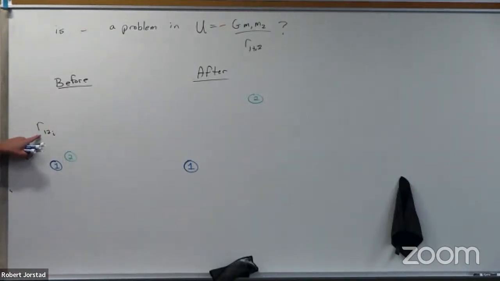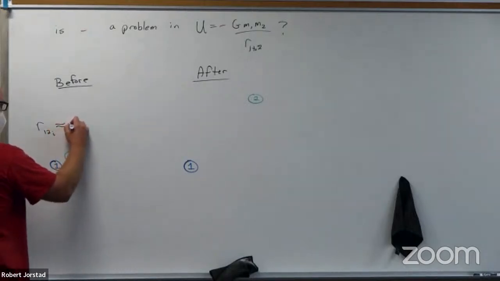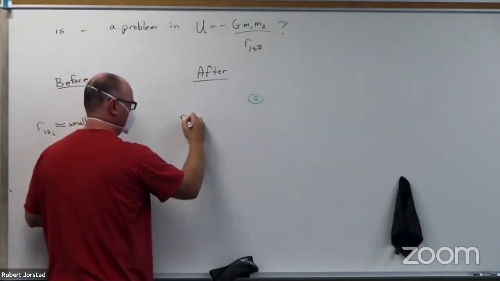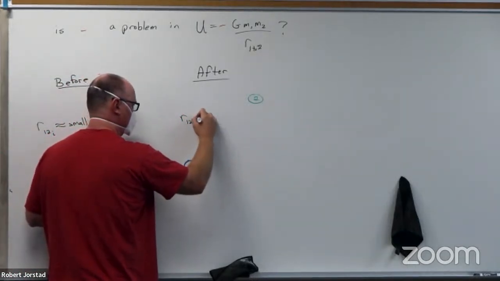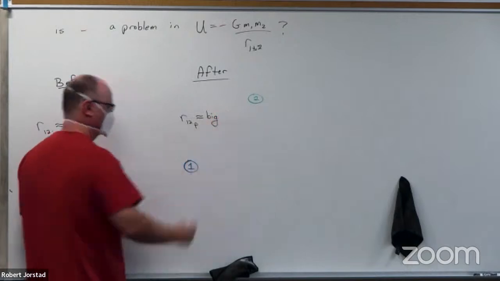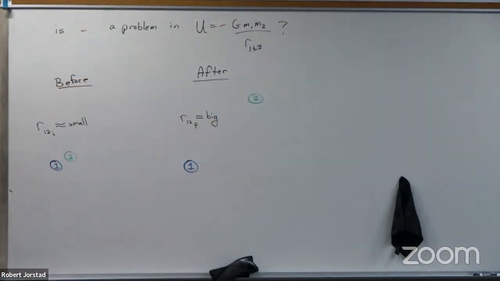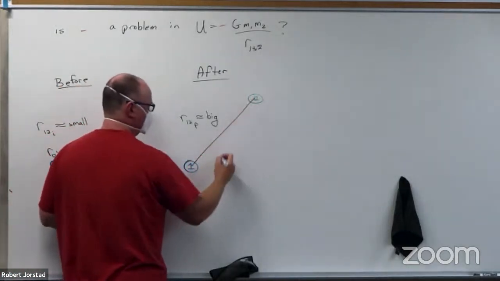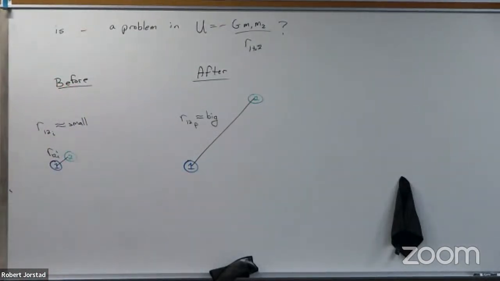Notice I sometimes leave out the word two. In this case, the distance between them is small, and in this case, the distance between them is big. To be clear, that is R12 initial, and that is R12 final. Everybody okay with that?